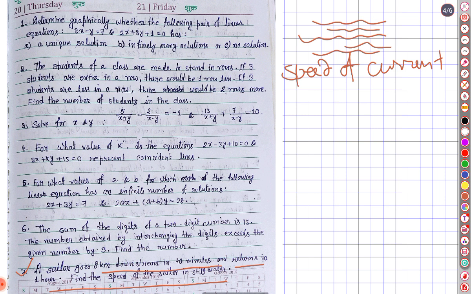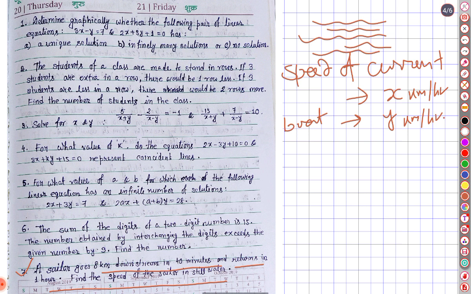Suppose this speed is x, and the boat is given. The boat speed is y, the sailor is sailing the boat, in km per hour. So all calculation will be in km per hour only.